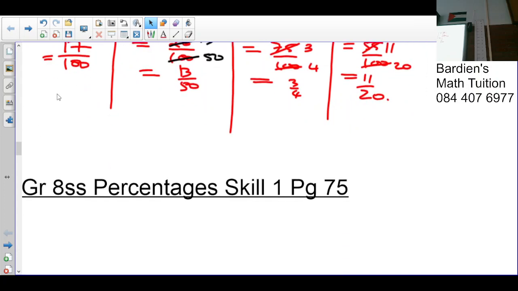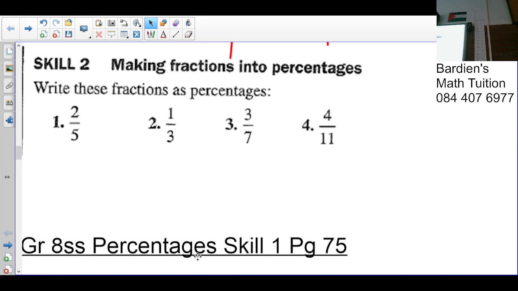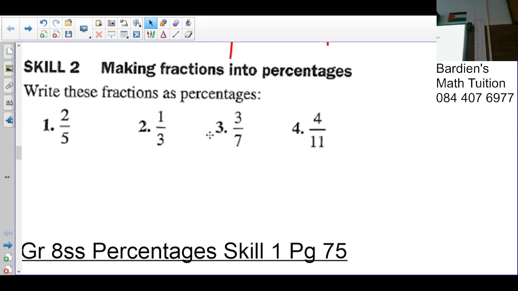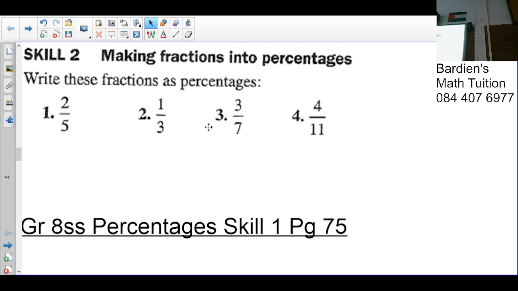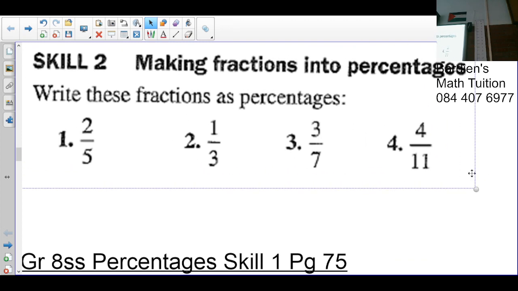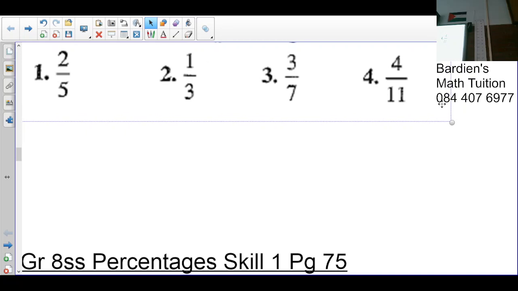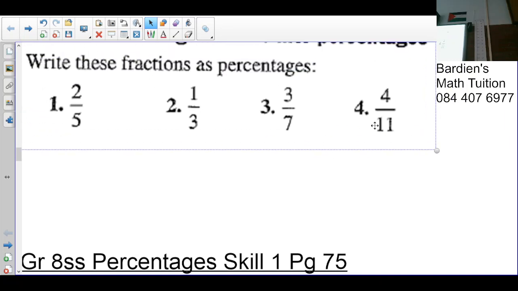Right, let's carry on. Let's now look at skill 2, which is making fractions into percentages. Again, a percentage is a representation of a number as part of 100. So we're now on skill 2 on page 75.